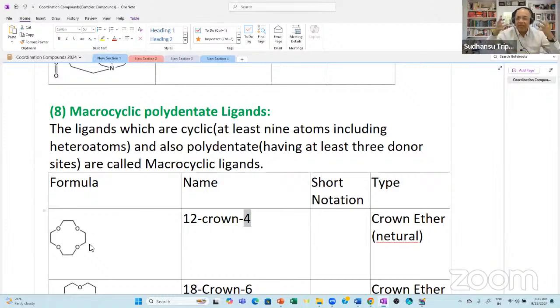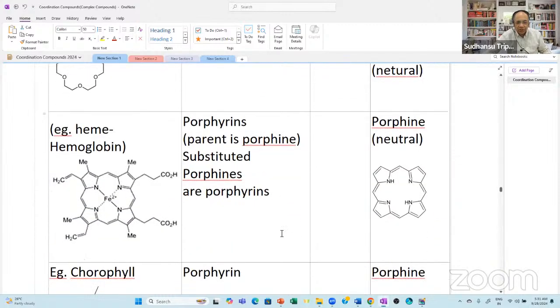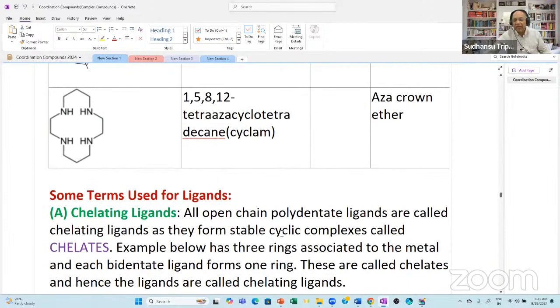The ligands are called macrocyclic ligands. So these things we will prefer to write at home. And this is cyclam. I don't remember if I told you or not, the secondary amine NH is called aza. So this is tetraazacyclotetradecane, called cyclam. The aza crown ether, where O is replaced by NH. These are also macrocyclic ligands.